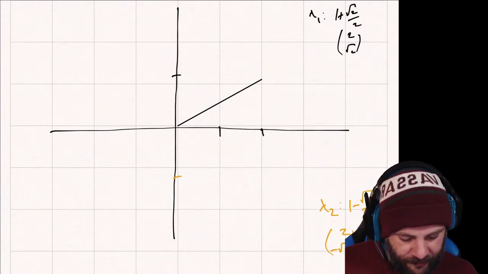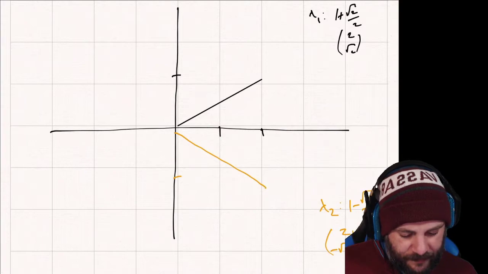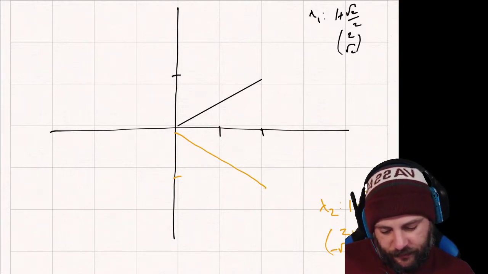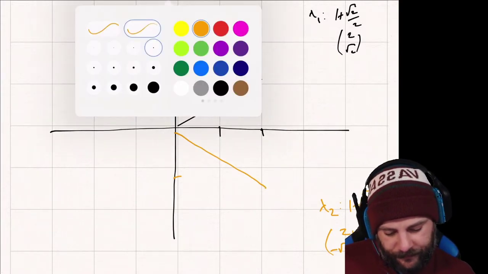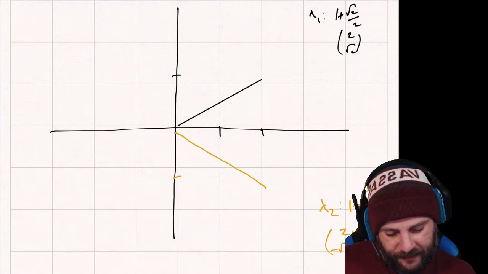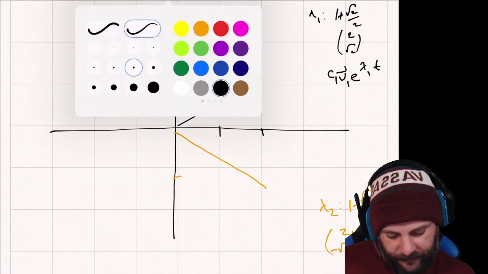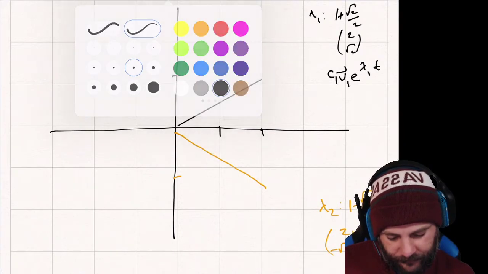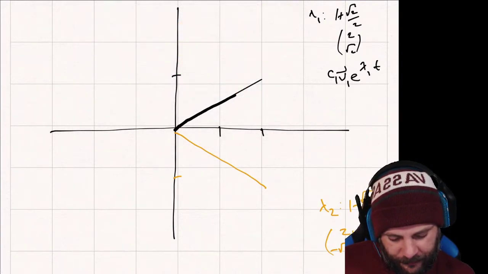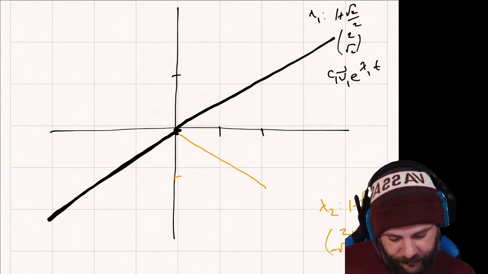Now we know in the general solution, both of these are scaled. So if we remember general solution time, x1 is c1 v1 e to the lambda 1t. Let's go ahead and scale the black one by any constant. So we're going to get this line right here. This is my straight line solution.